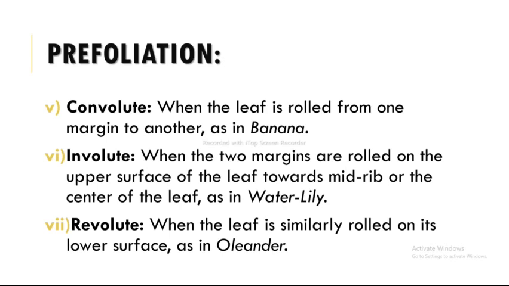Involute means when the two margins are rolled on the upper surface of the leaf towards the midrib or the center of the leaf, for example, as in water lily. Seventh type is the revolute. Revolute means when the leaf is similarly rolled on its lower surface, for example, as in oleander.